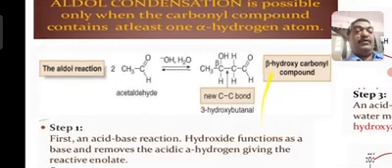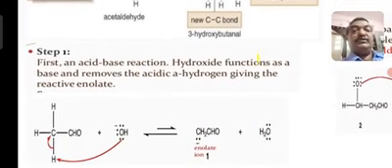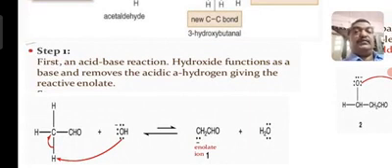The mechanism involves, in the first step, the OH minus as a nucleophile abstracting a proton to form CH2CHO, and the carbon carries a minus charge. So this is called an enolate anion, with the elimination of a water molecule.